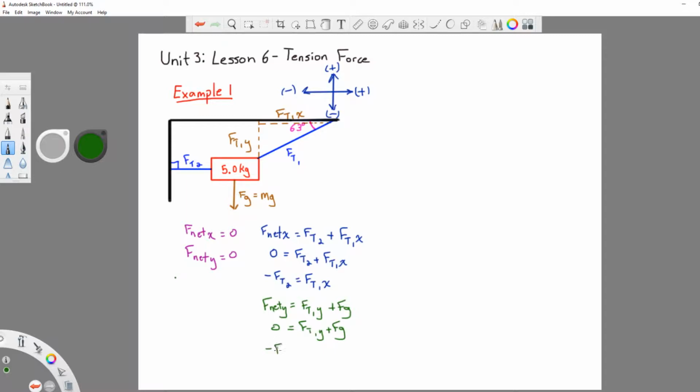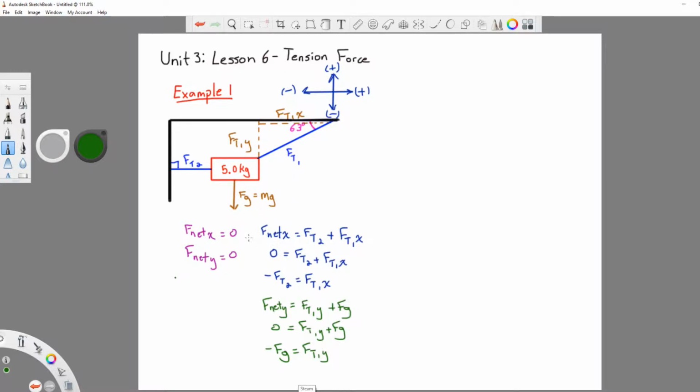So negative Fg is equal to Ft1y. Right? Force of gravity has the same magnitude as Ft1y. They're just in different directions. That's all that expression is saying.